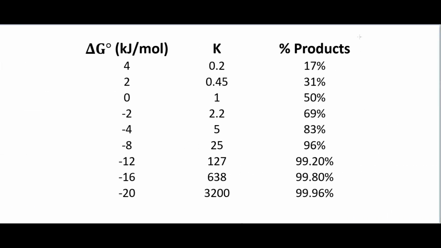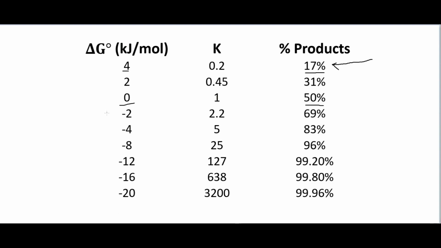This is just looking at the percent of products, so products as a percentage of total products and reactants. We see when we're at positive delta G, it's only 17% product, so it's going to be mostly reactants. When we get up to 0 here, then we're at 50-50.